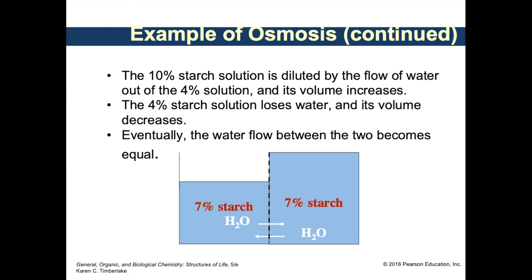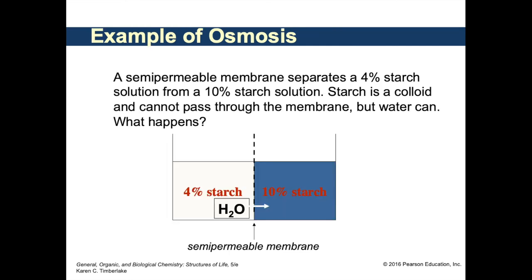If I go back a slide, when the concentration was uneven, when we had more water on the left, because there was more water, there were more water molecules hitting the semi-permeable membrane and making their way through. It's just a concentration thing. There's more water on this side, so it makes sense that more water is going to be forced across.